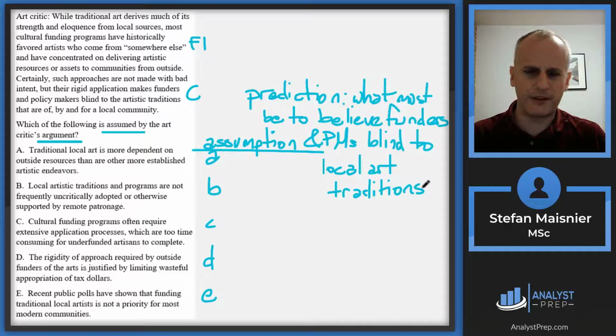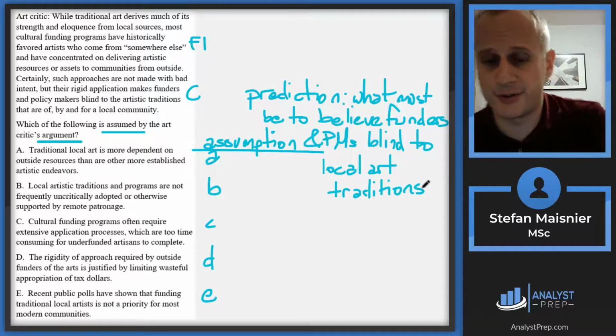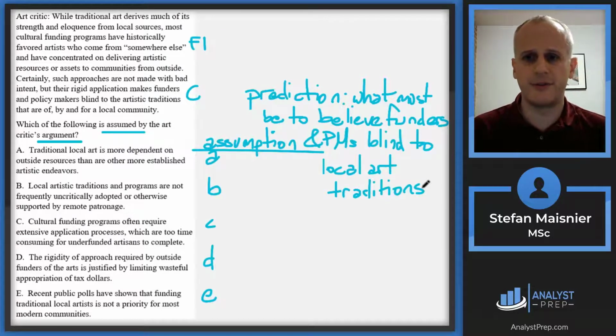So we've got this all set up, and now we've got to go find an answer choice that has to be 100% true in order to believe this conclusion. So first, we begin with A.